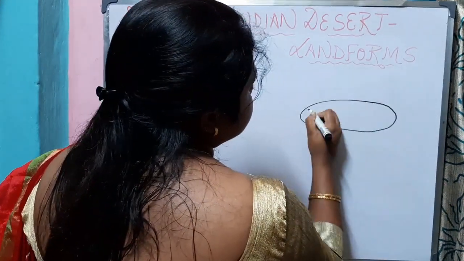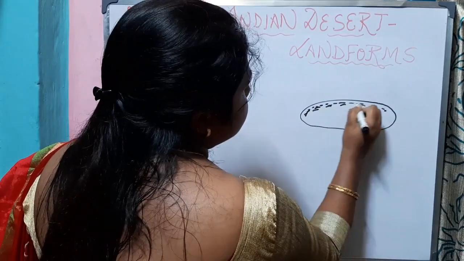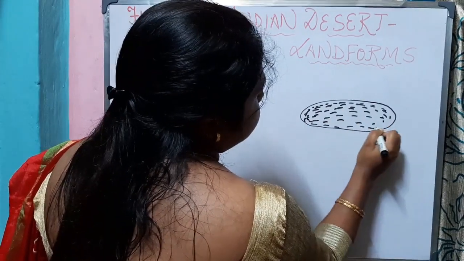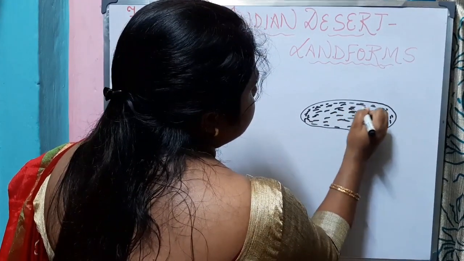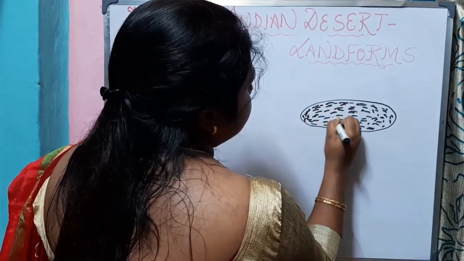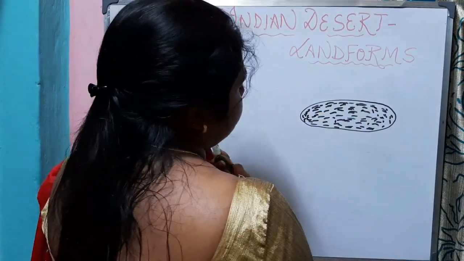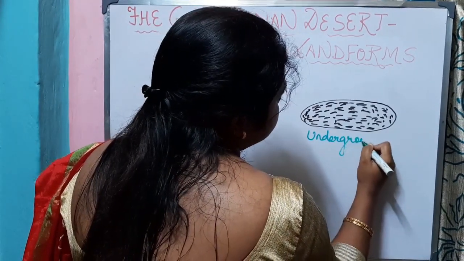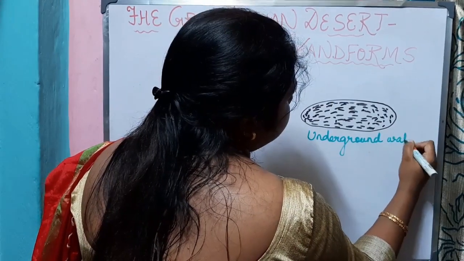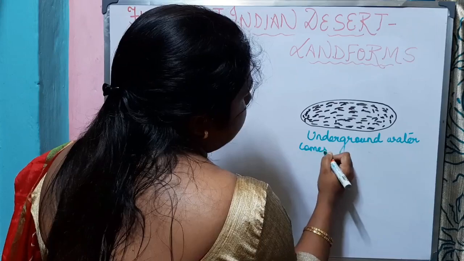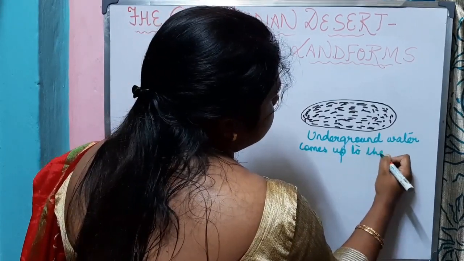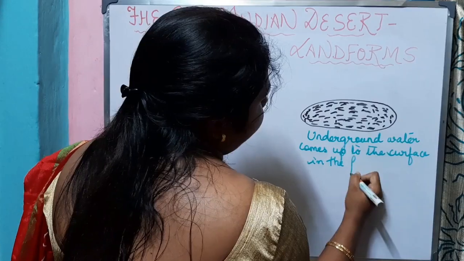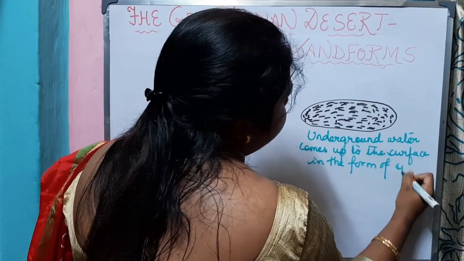In the desert, this is the place where the underground water comes up to the surface in the form of a spring.